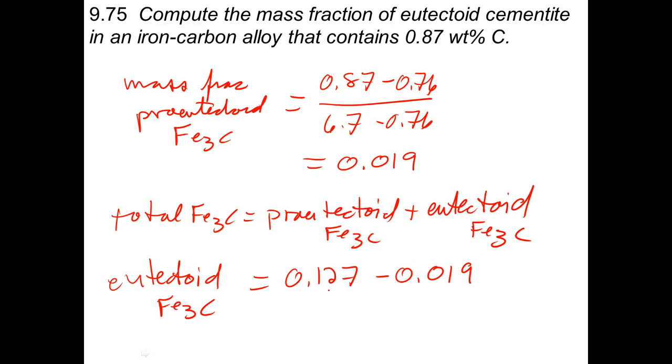Using the value for the total cementite that I calculated on the previous page, subtracting from that the pro-eutectoid cementite that I just calculated, leaves me with the eutectoid mass fraction of 0.108 as my value.